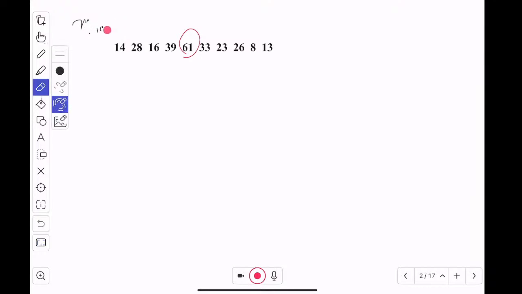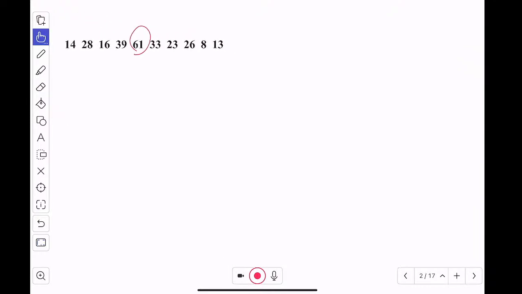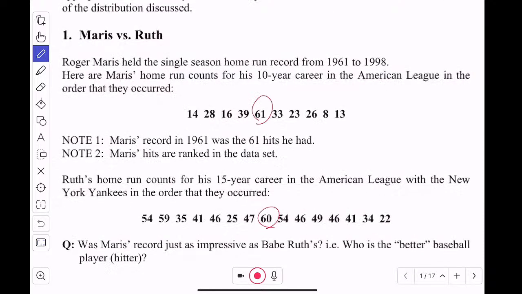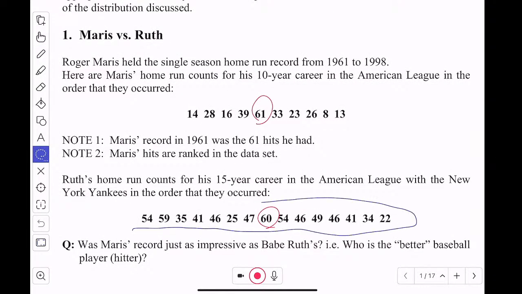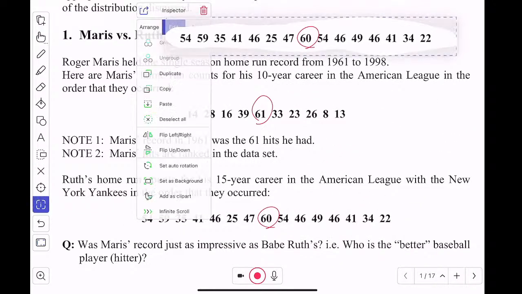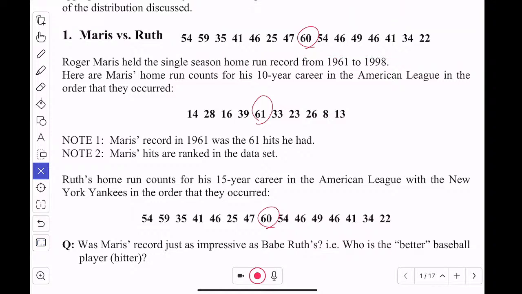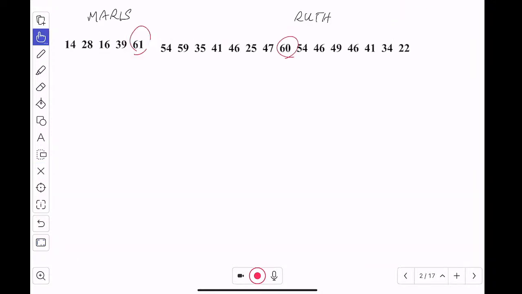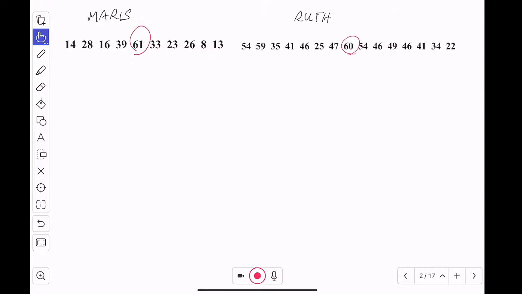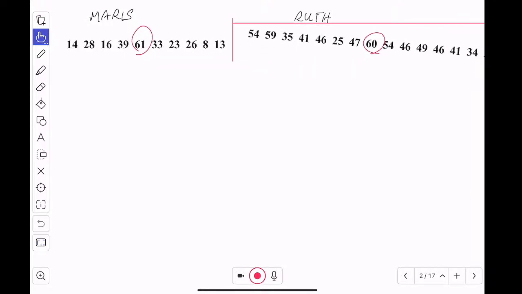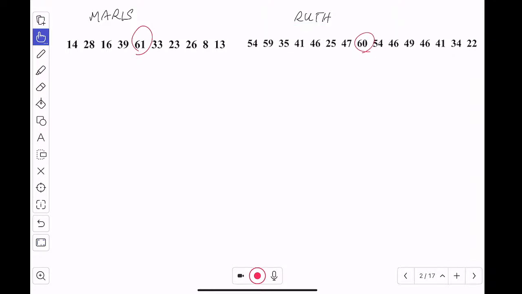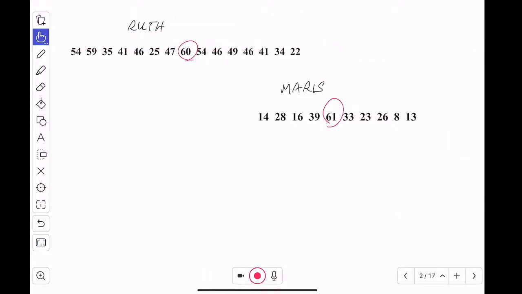Actually, I'm going to put this one over here and this one over here.